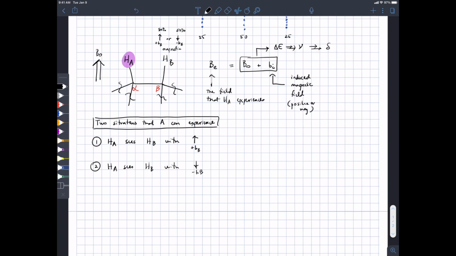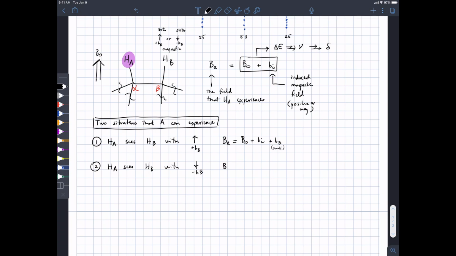All right, so in situation 1, the field that A experiences is still the external field plus the effect of the induced magnetic field, but now it's going to be plus the impact of the field from B being aligned with the external magnetic field. I will say, though, that this number is very small. Okay?